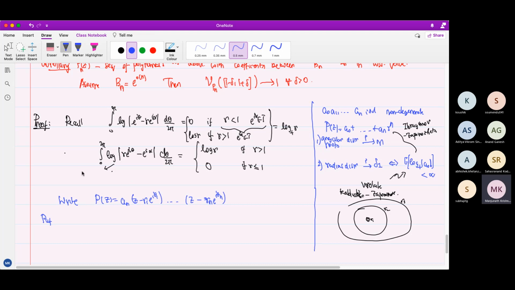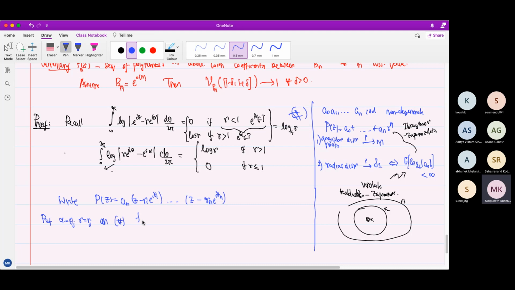So I have this. So p of z. Put alpha equal to theta j and r equal to rj in the integral. Let's call this hash.